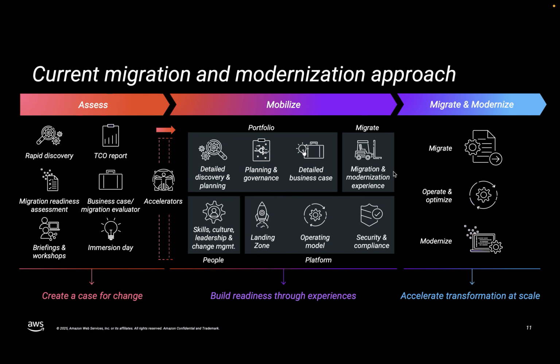Going back to the migration approach: assess, mobilize, migrate, and modernize. You are familiar with this since I covered it in multiple videos. Over the past 18 years, AWS and partners built multiple tools for assessment, discovery, planning, migration, and modernization.